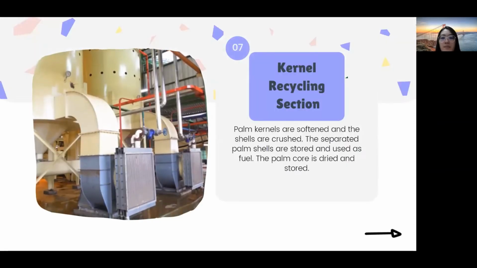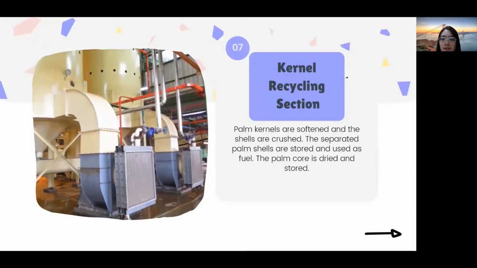Next, the palm kernels will be softened, and also the shell of the fruit will be crushed in the kernel recycling section. So the crushed shell will be stored and also used as fuel, while the palm core will be dried and also stored in the warehouse.